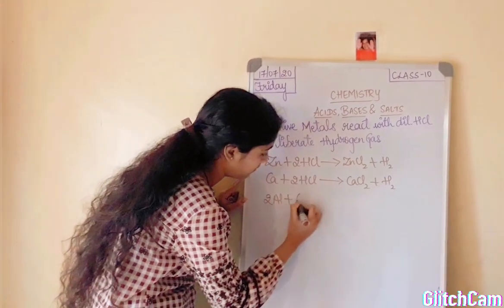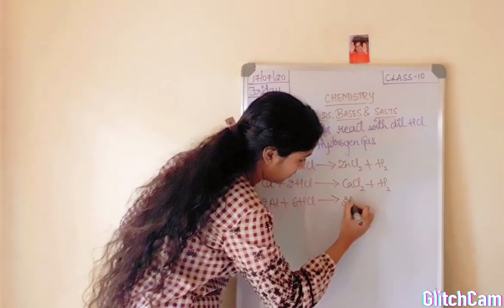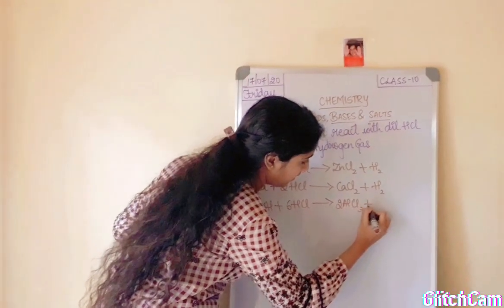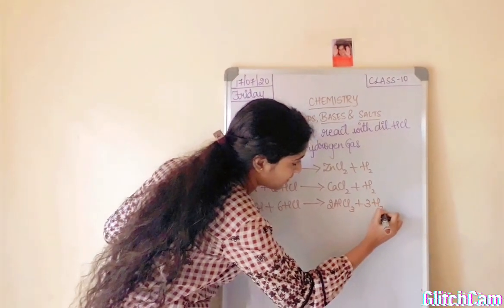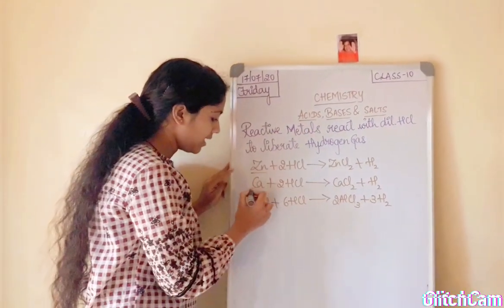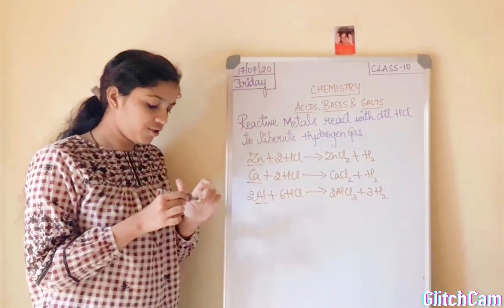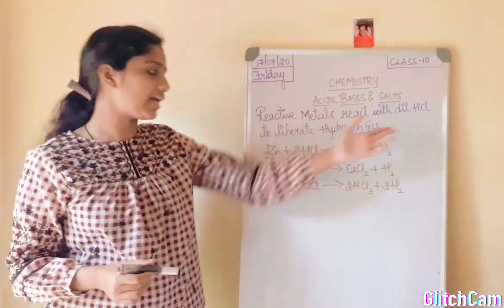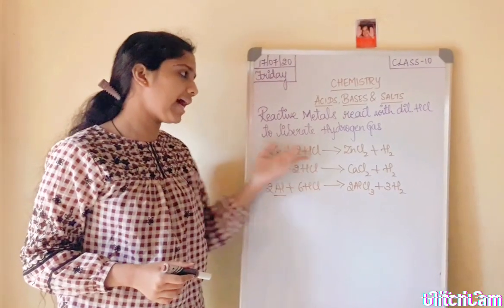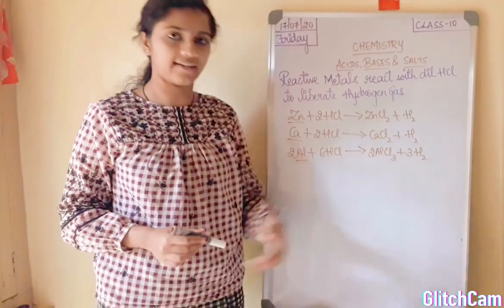Aluminium plus hydrochloric acid gives aluminium chloride plus hydrogen gas. Zinc, calcium and aluminium are reactive metals. So, when reactive metals react with dilute hydrochloric acid, they liberate hydrogen gas.